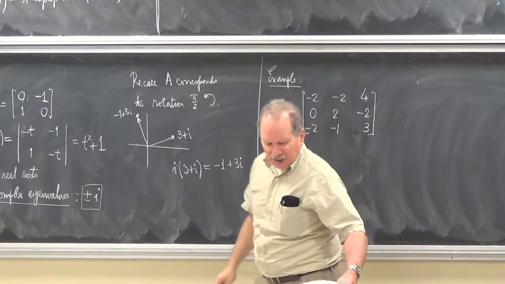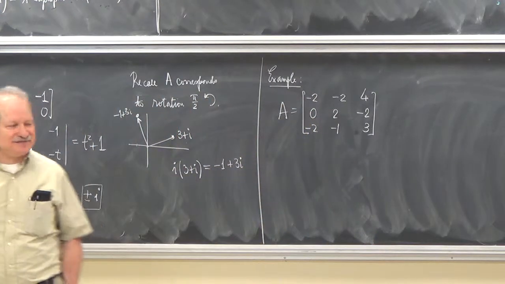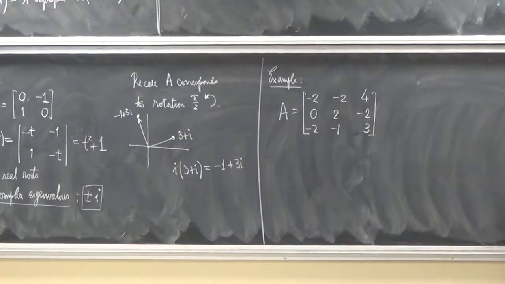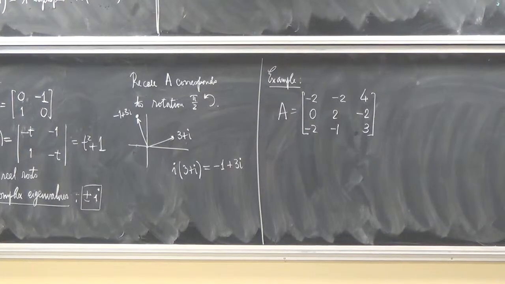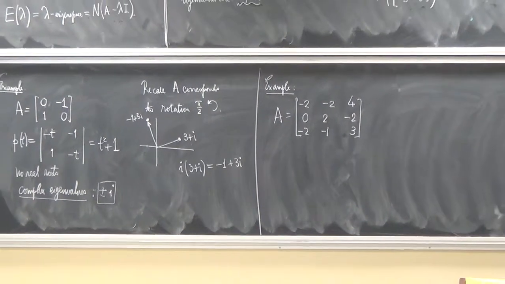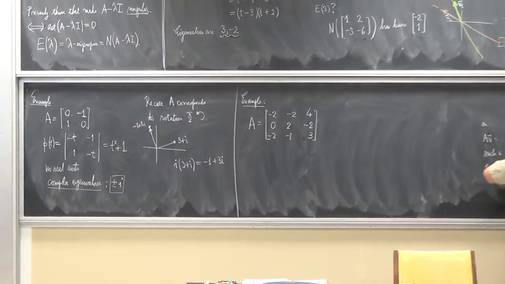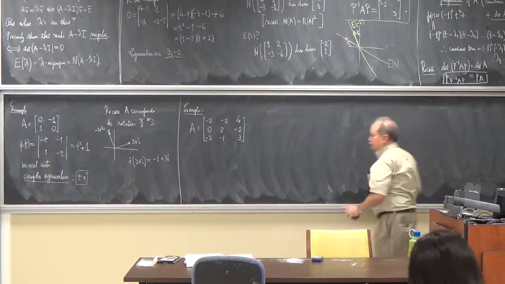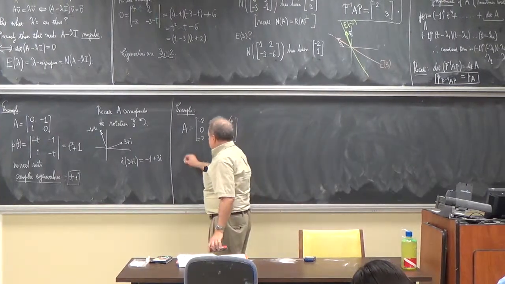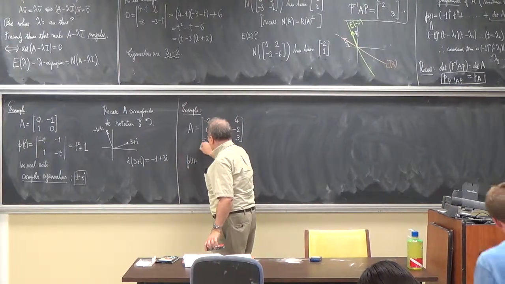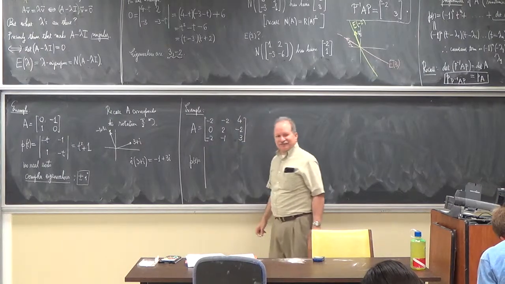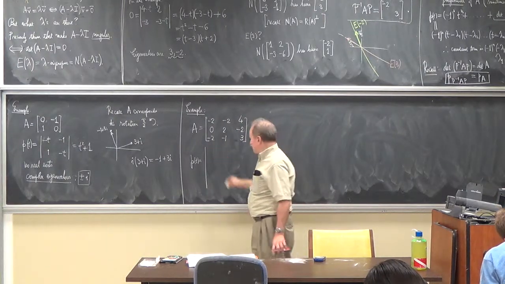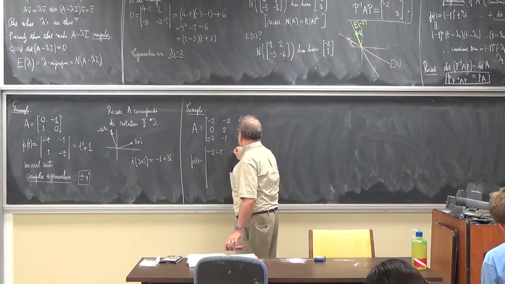Find me the characteristic polynomial. What do we do? Subtract t from all the diagonals, right? Minus 2 minus t.